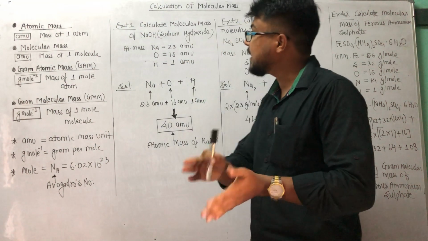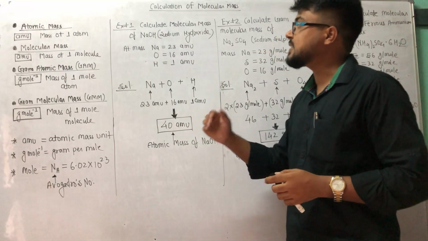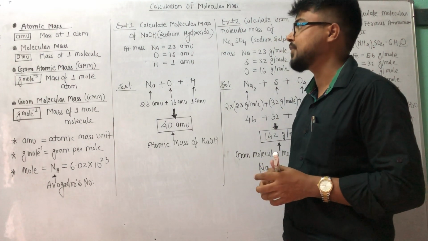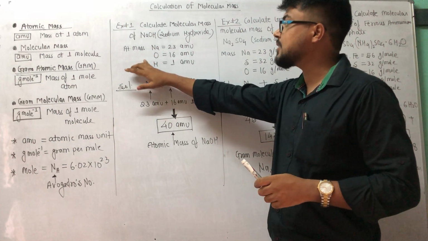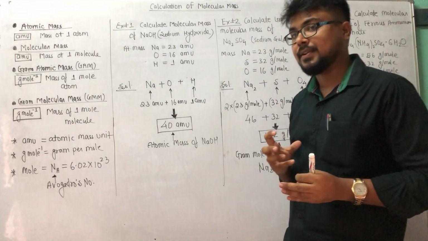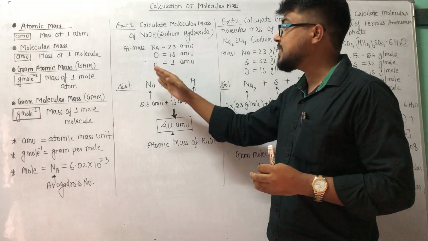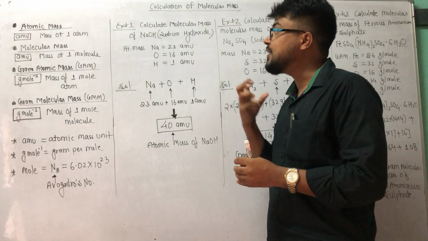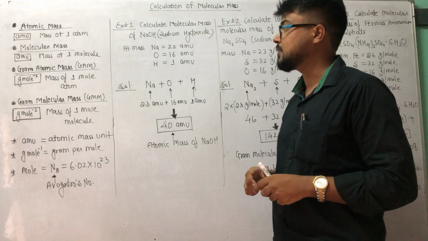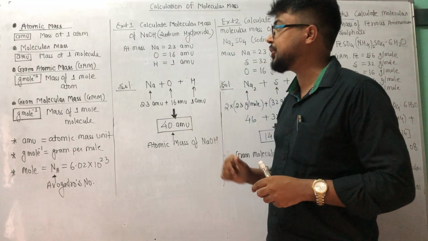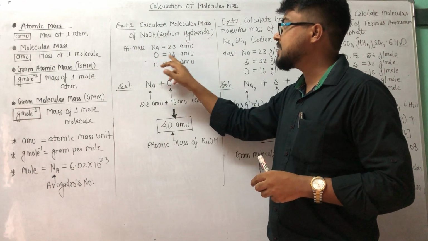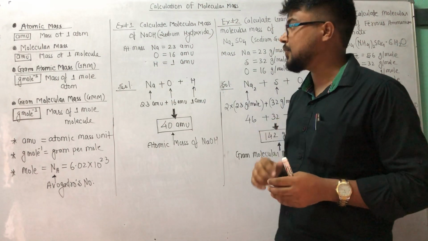In example 1, he is asking to calculate the molecular mass of NaOH. What is NaOH? Sodium hydroxide. The atomic masses of the constituent elements of sodium hydroxide are given. Constituent elements mean the building elements which form that particular compound or molecule. The atomic mass of sodium is given as 23 amu, oxygen 16 amu and hydrogen 1 amu.